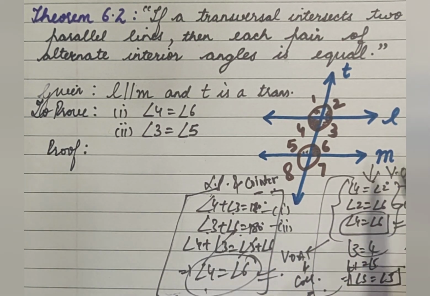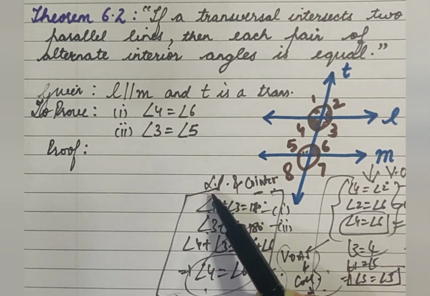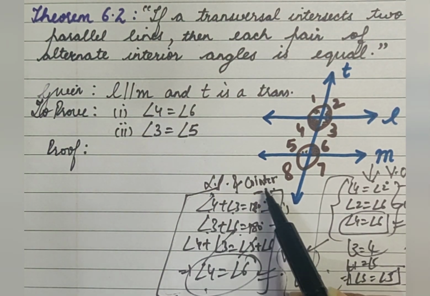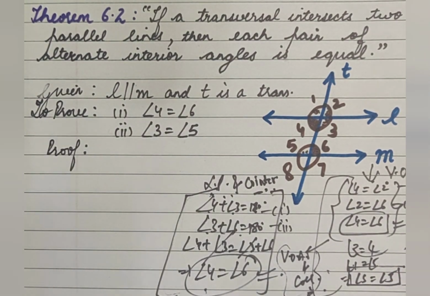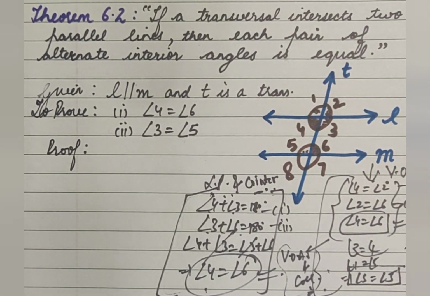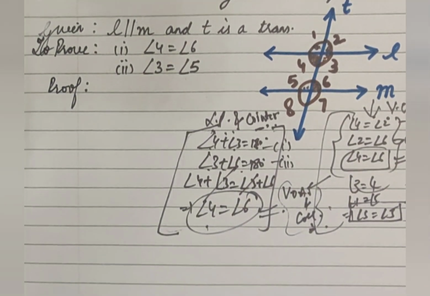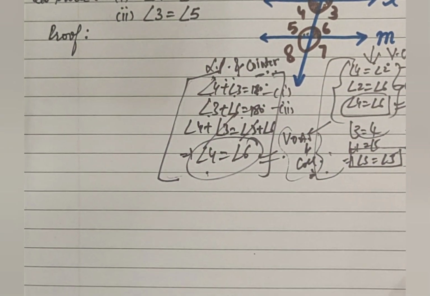It can be proved using vertically opposite and corresponding angles, or using linear pair and co-interior angles. There are other ways also, you can explore them. If you consider co-exterior angles or alternate exterior angles, they can be proved this way also.